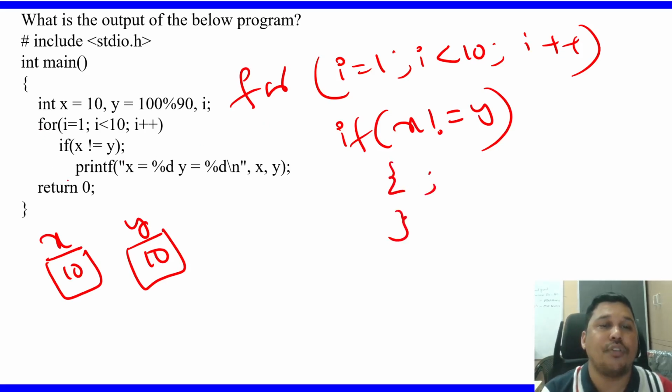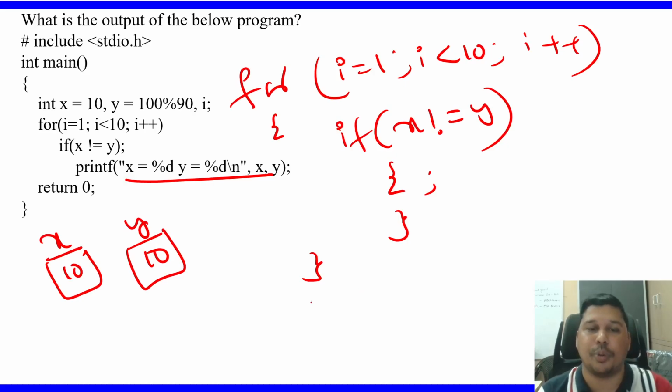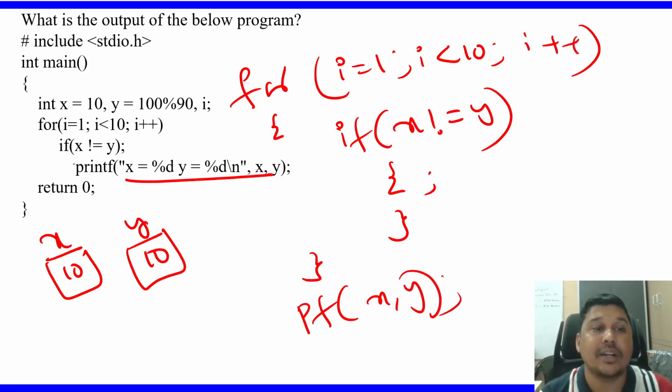And since there is no curly bracket given, the meaning of this is that the printf of x and y is outside the for loop. Why? Since there is no open and close bracket for the loop, its immediate next line is the body. In that body, I have the if condition. Again, there is a semicolon there. It means there is no statement to be executed in the if block. Let's see how it happens. x is 10, y is 10. So i equal to 1, okay.